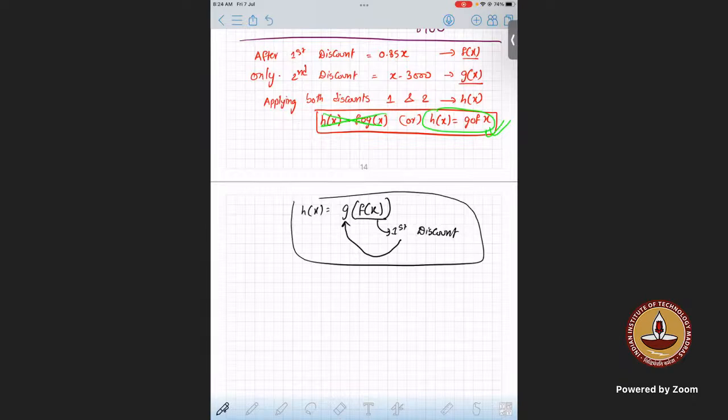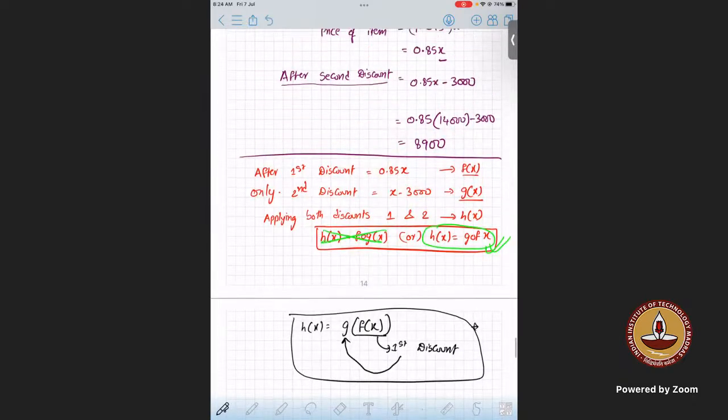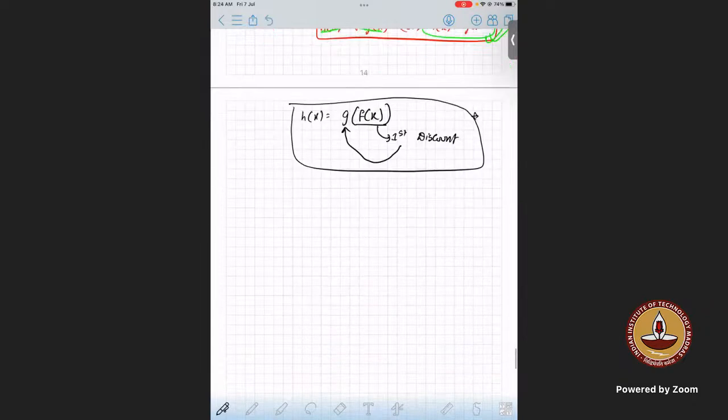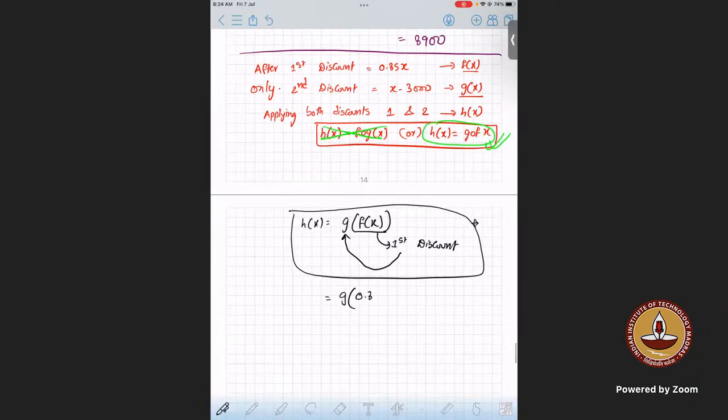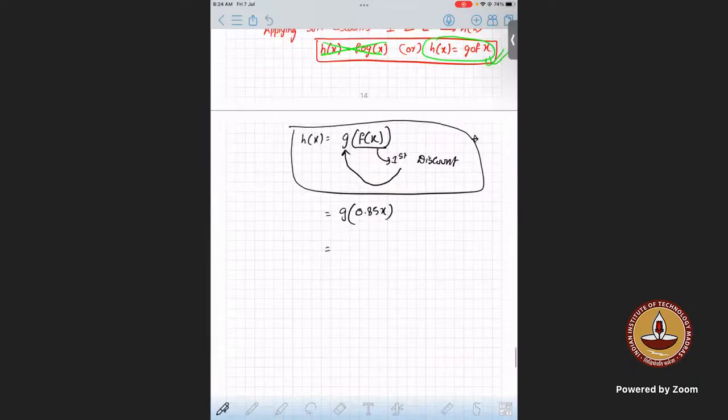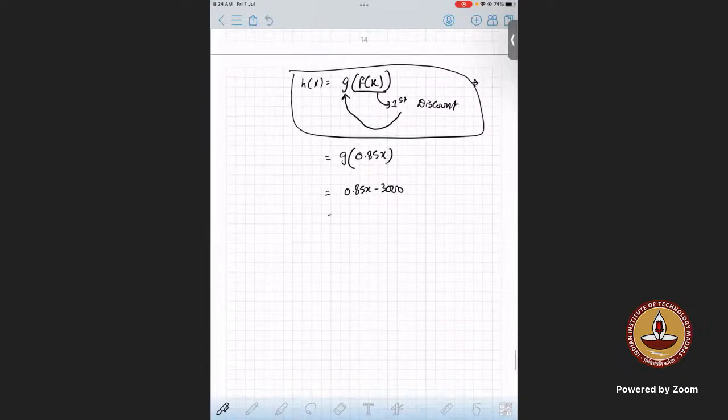Clear? You will get the same answer. Follow this, I am solving this. g of what? f of x value is 0.85x. So 0.85x minus 3000. What is the x value? 14,000. 14,000 minus 3,000. You get the same h of 14,000 is equal to 8,900.